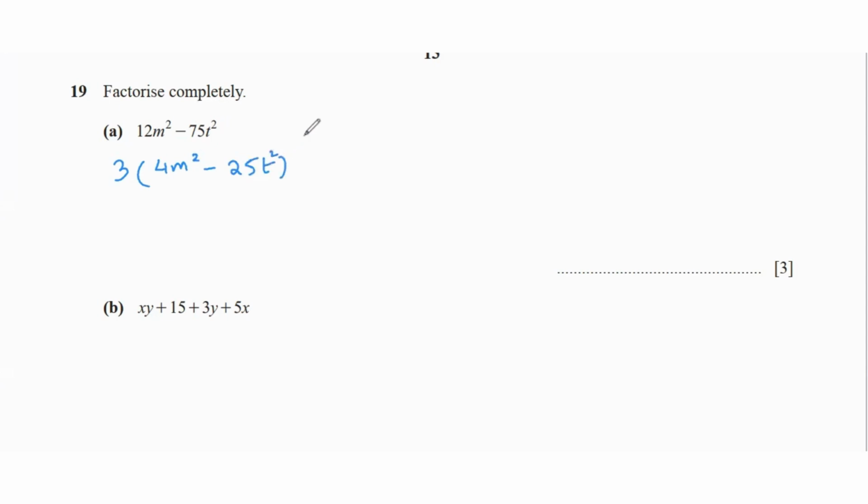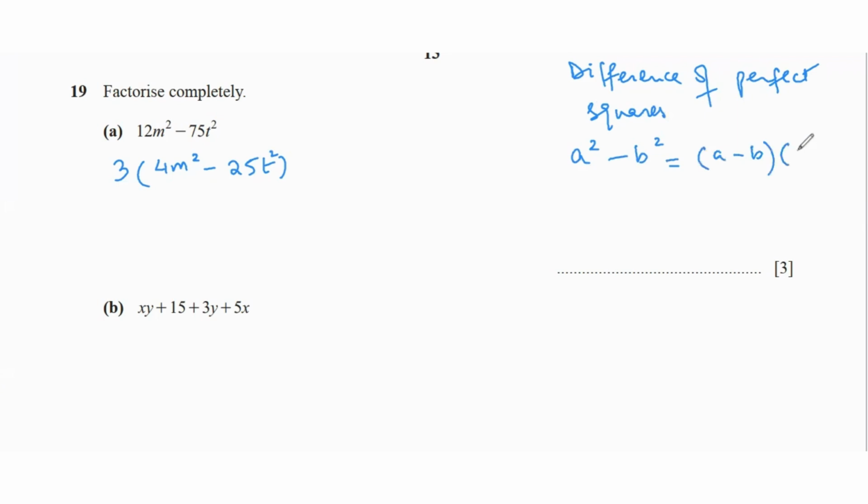Now 4m squared minus 25t squared reminds me of difference of perfect squares. In difference of perfect squares, the rule is that you subtract 2 perfect squares. And when you subtract 2 perfect squares, they can factorize into a minus b times a plus b.